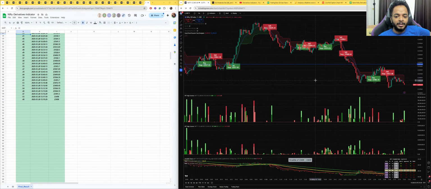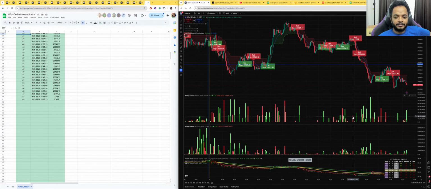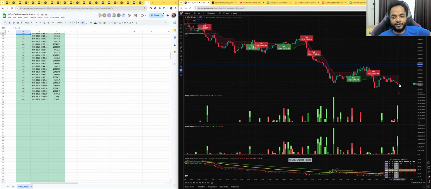Here call writers again came in, and it fell. Some put writers are coming in, but this is not a very great amount, though still a fair amount. Now it's increasing, but as I told you, we should wait for this candle to get over. Now you see it got over.